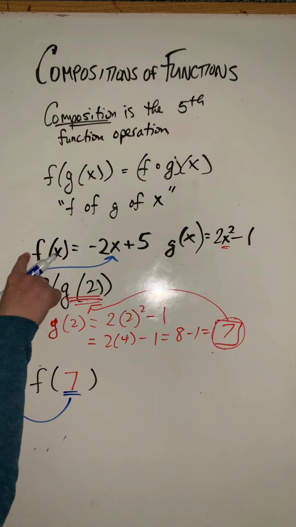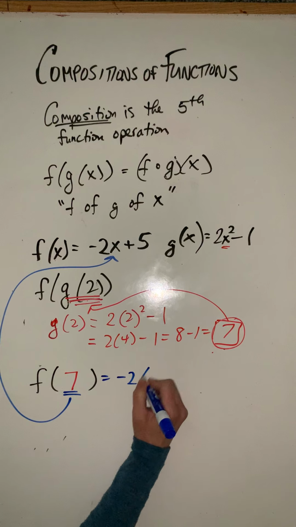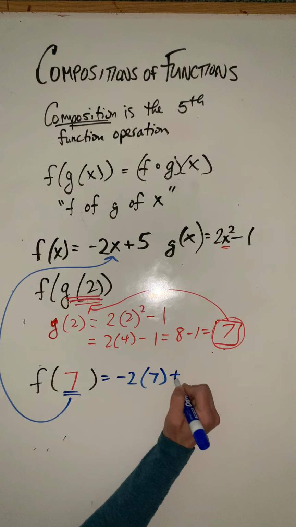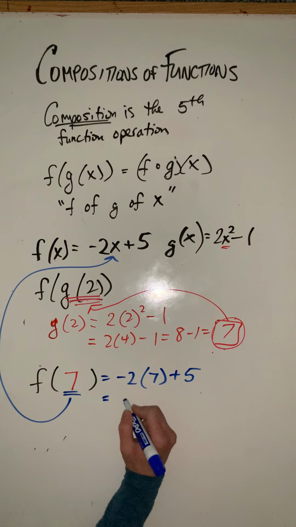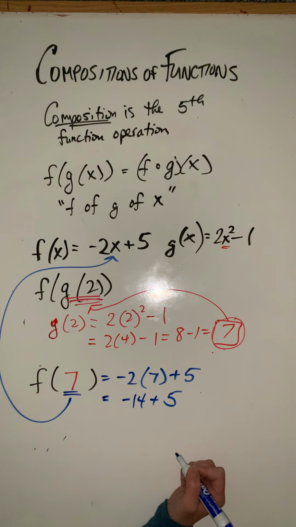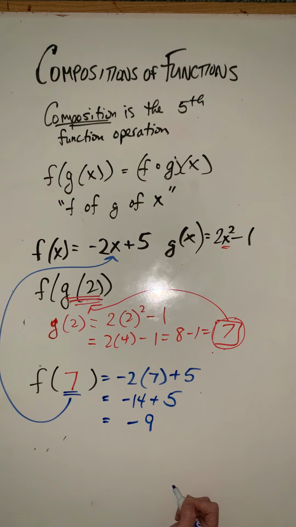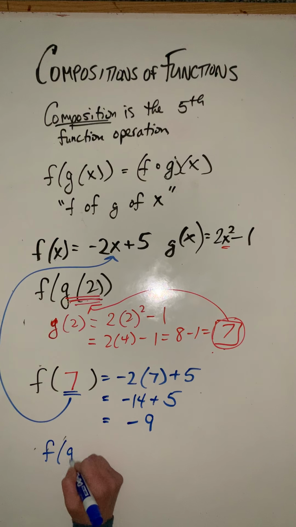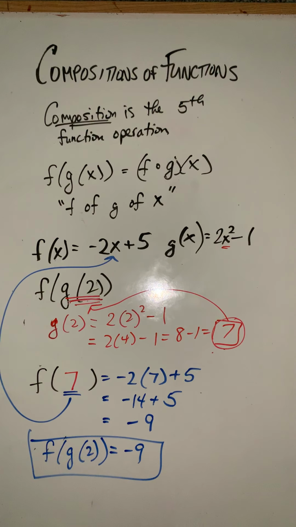So I get negative 2 times 7 plus 5. Negative 2 times 7 is negative 14, plus 5 equals negative 9. So f of g of 2 is equal to negative 9.